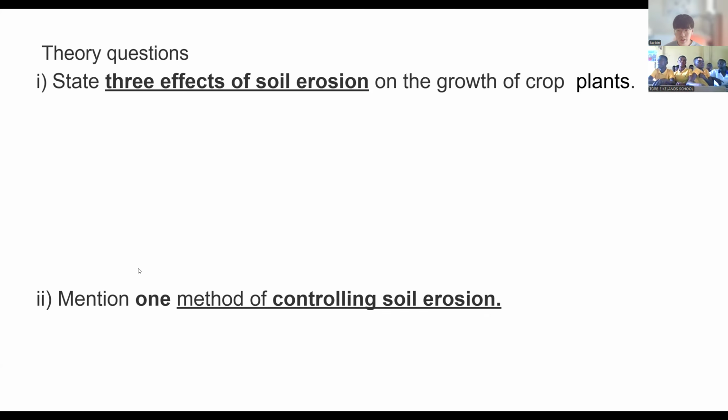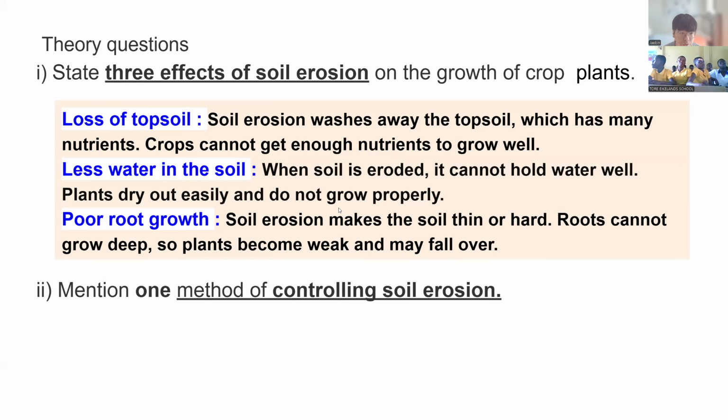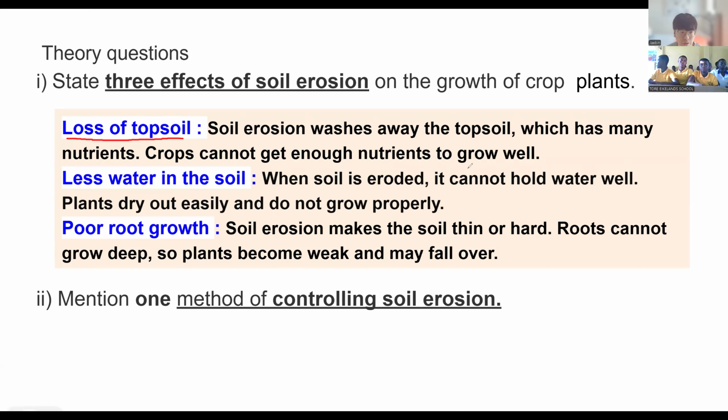Yeah, we did do some examples. But for soil erosion, we've only talked about the loss of topsoil. So if you said loss of topsoil, then yeah, that's right. That's what we've been talking about so far.